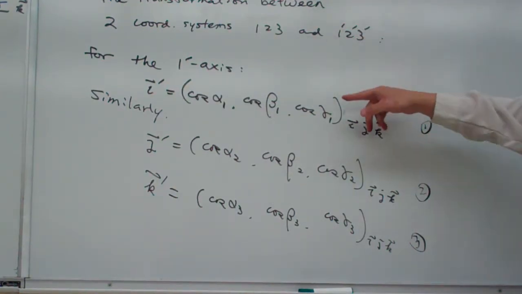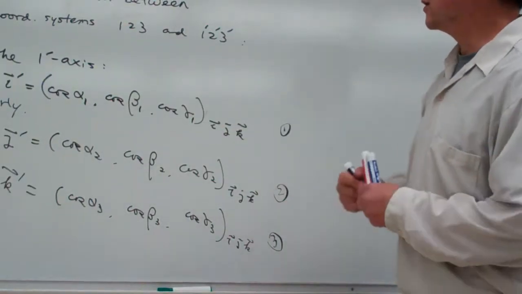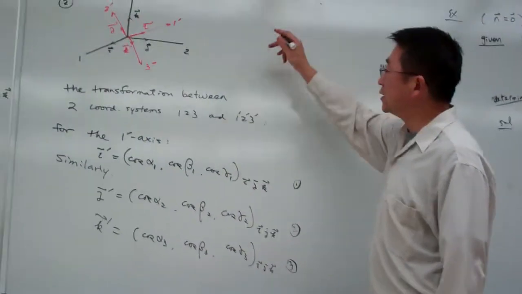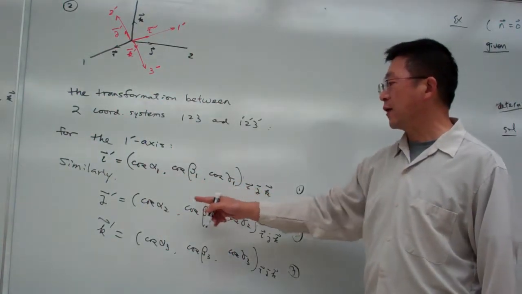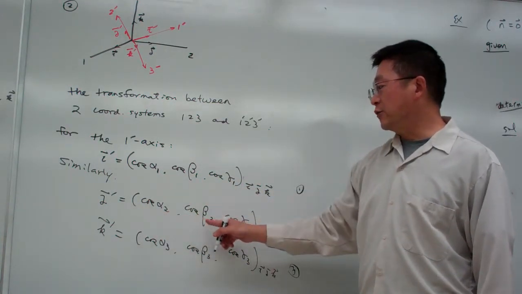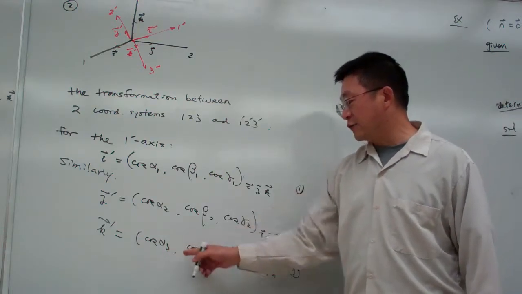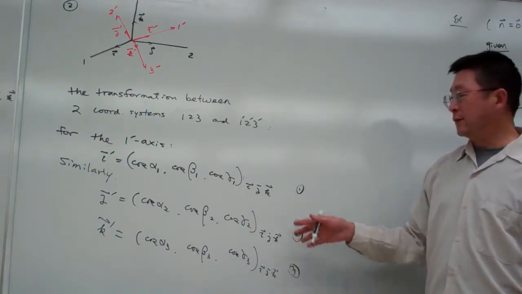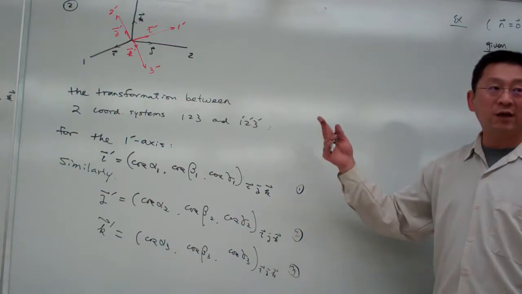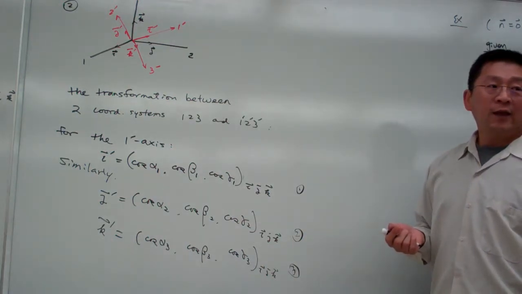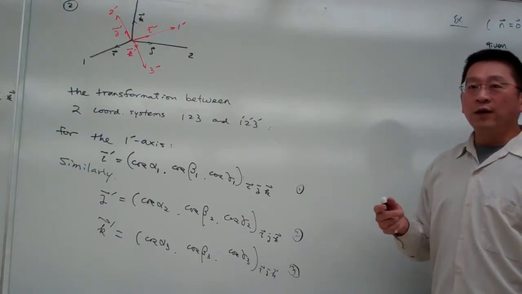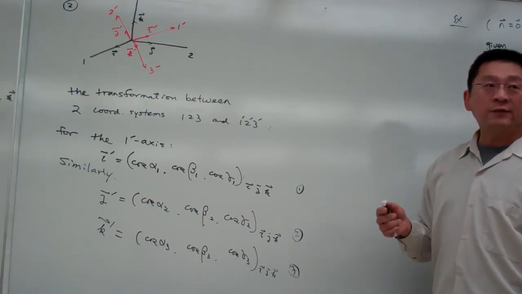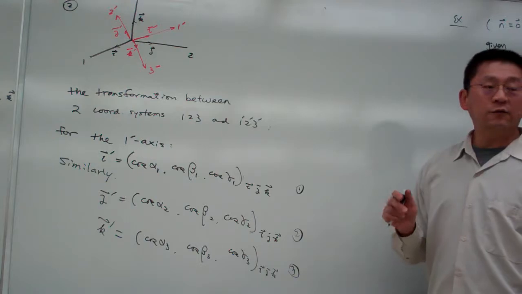If we are given the 1, 2, 3, and we also know alpha 1, beta 1, gamma 1, alpha 2, beta 2, gamma 2, and alpha 3, beta 3, gamma 3, then we can apply the rules and do the transformations. Here I will come up with a more systematic and easier way of adopting the notations for you.